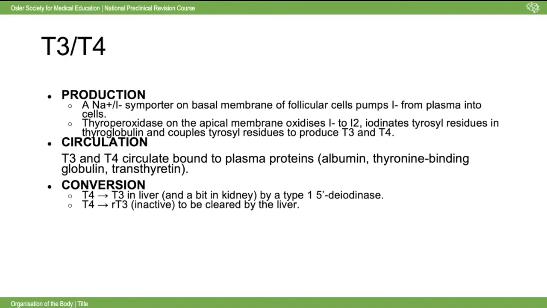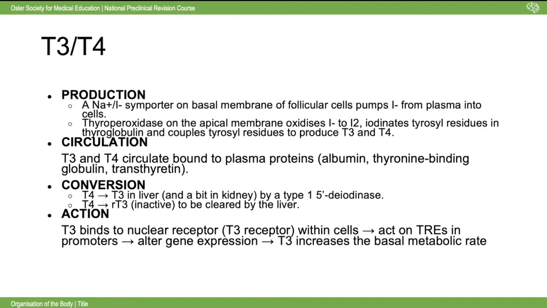So what happens if you don't need that much T3, but you have lots of T4? Well, then you can convert the excess T4 into reverse T3, which is inactive, and that gets cleared by the liver. So you have quite tight control over how much T3 you're producing.